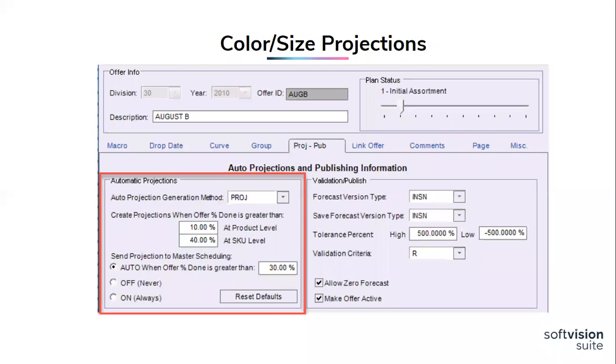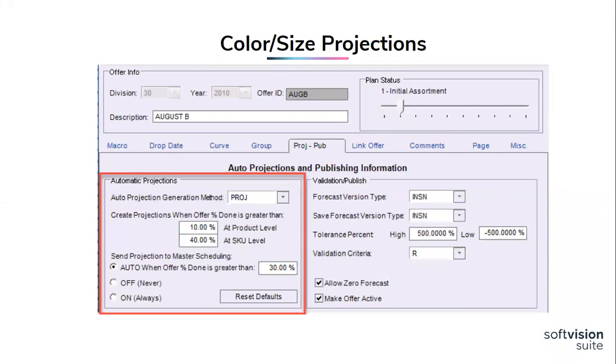Lastly, in the setup process, on the marketing setup screen, you define what your projection start percentage is going to be at the product and SKU level. In this instance, we've got 10% at the product and 40% at SKU. Then you also say when you want your auto projections to begin, when we automatically send that sales percentage to materials planning. But notice in this example that we have the auto projection percentage set less than when SKU mix is.